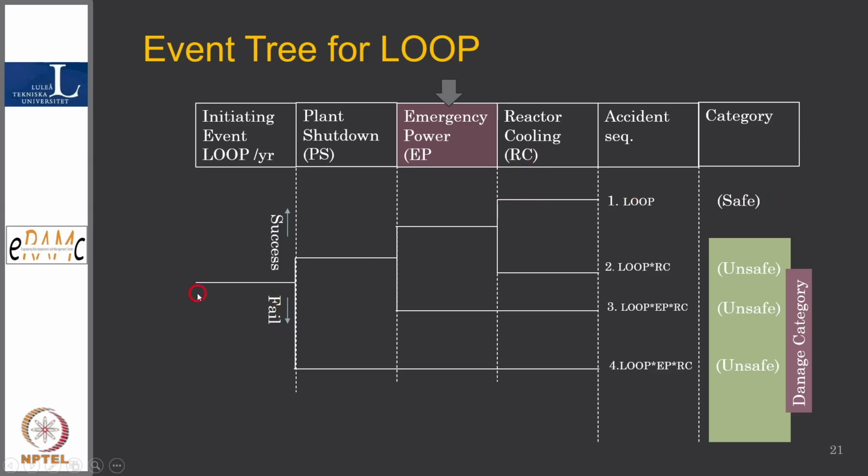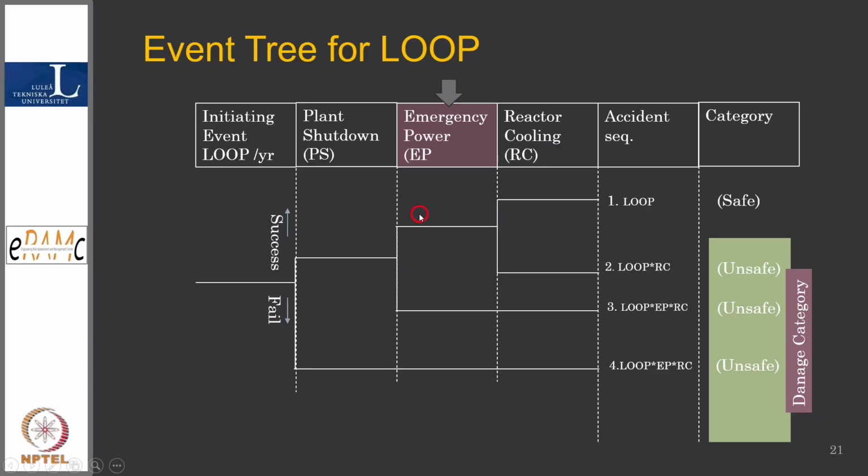In the event tree, this is a loop tree: up is success, down is failure. If the plant doesn't get shut down, then it doesn't matter what else, it becomes an unsafe state. But if plant shutdown happens but the emergency power supply system is not there, then there will be consequences, because the reactor cooling system will not be operating.